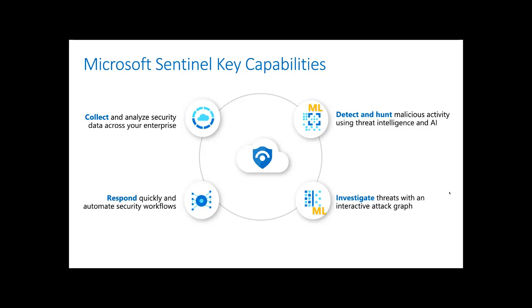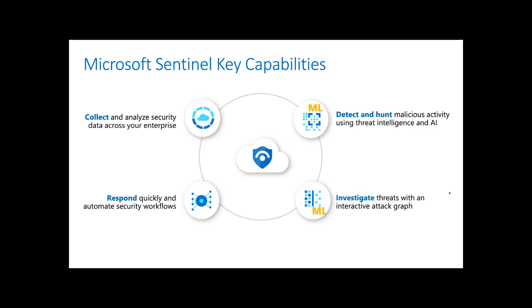So it is critical to have Fusion, this correlation engine, and machine learning to reduce alert fatigue and increase the catch rate and the mean time to acknowledge across your environment.